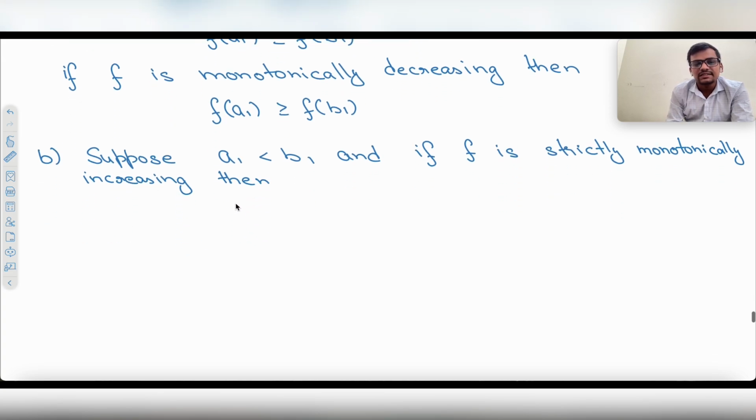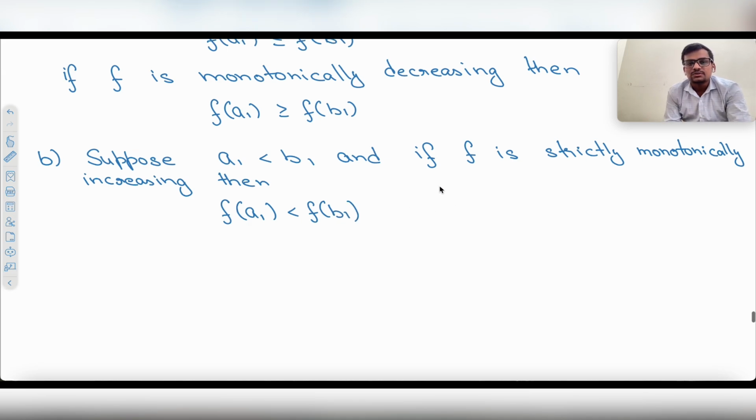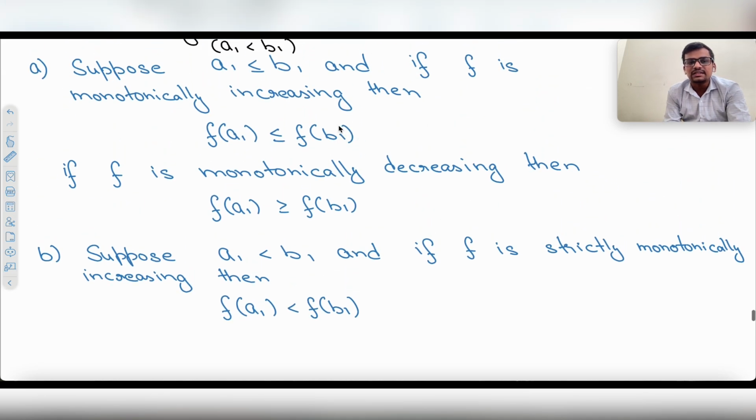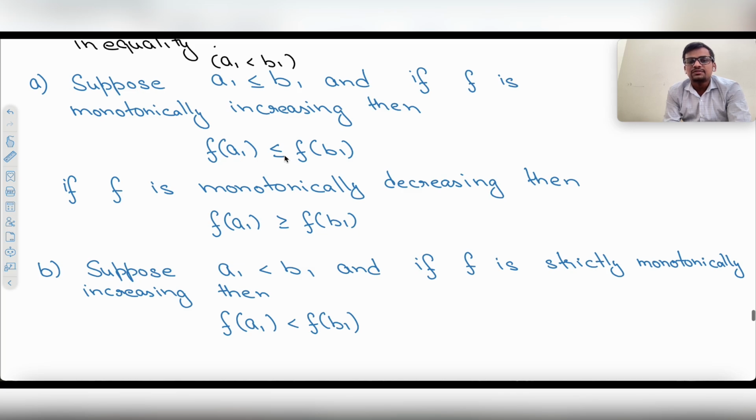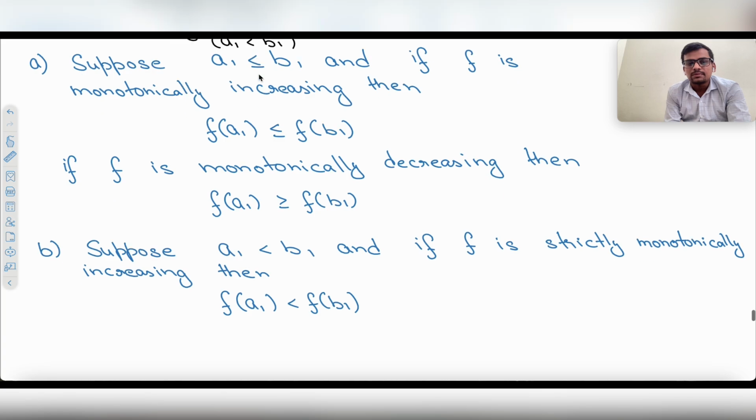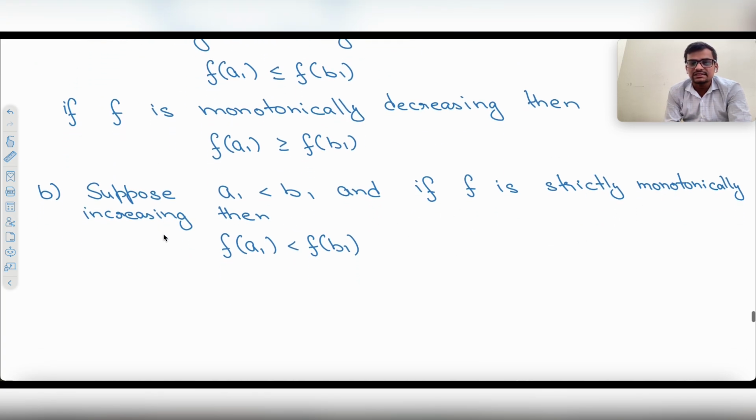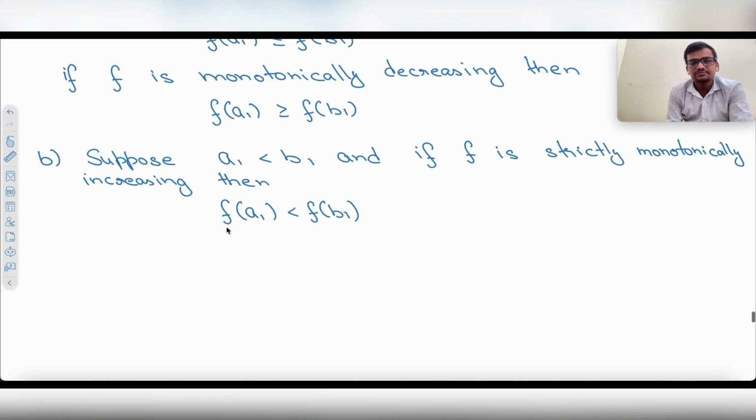Then in this case the strictness will be maintained, that is f of a1 is less than f of b1. So if it is monotonically increasing only, then we will get f of a1 less than equal to f of b1 for strict inequality. But if it is strictly monotonically increasing, then the strict inequality will be maintained, right? It will not be less than equal to, it is less than only.